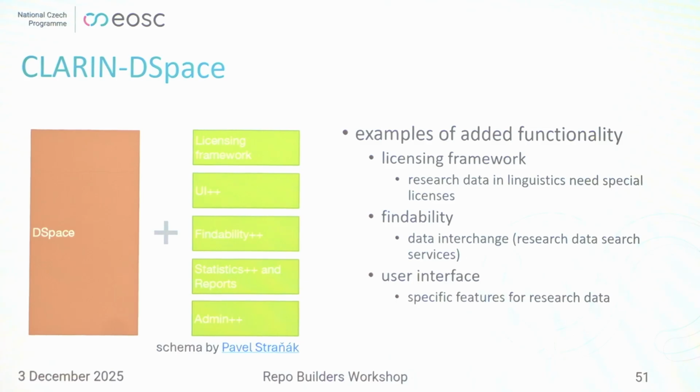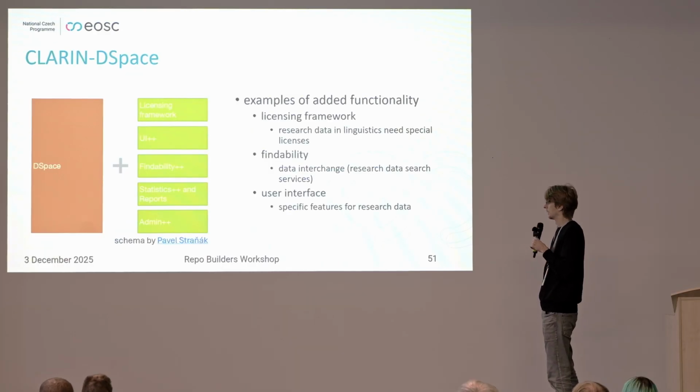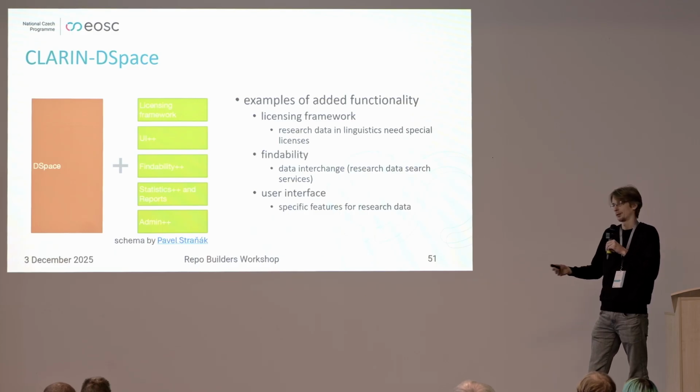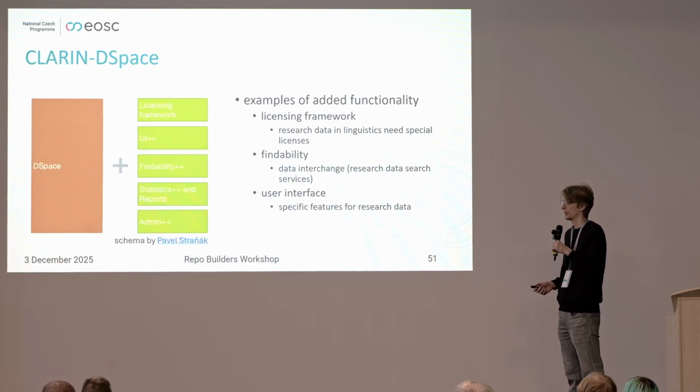I stole this schema from Pavel Straňák, and it's trying to explain what the differences from the main DSpace are. The main differences are the licensing framework, because they found out that they need to work with licensing regarding research data, especially in linguistics, in a slightly different way. So they expanded this functionality. They did some changes to the user interface, because working with publications is slightly different than working with research data.